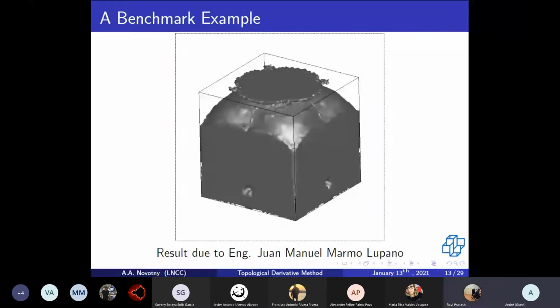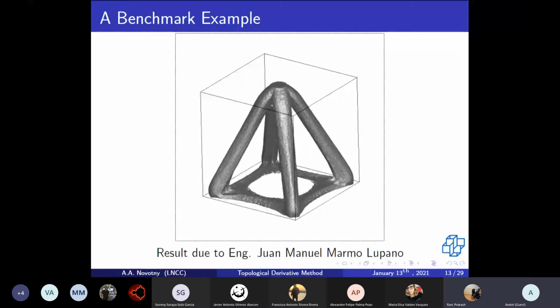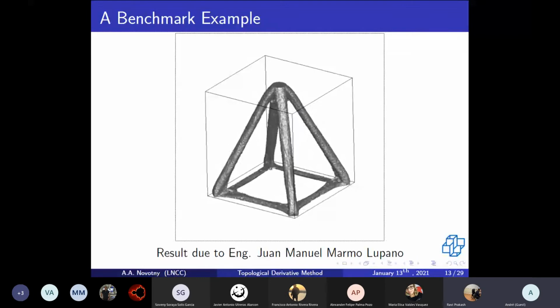Okay, and then we compute again the solution of the state equation and compute again the topological derivative and use this new information to introduce new holes and so on, and we get a kind of descent direction to minimize the problem. And then we have this benchmark structure, let's say.